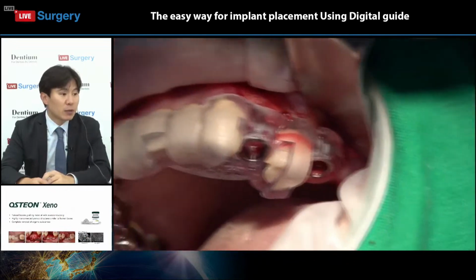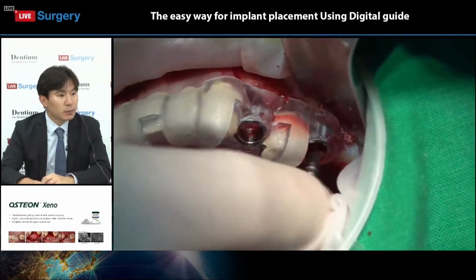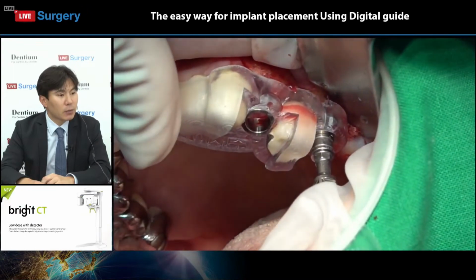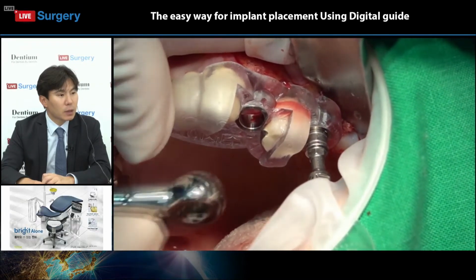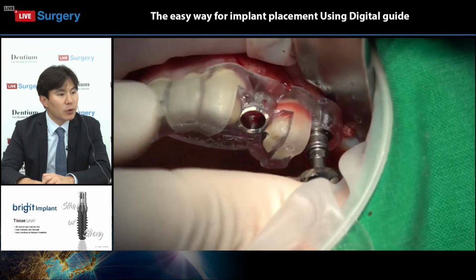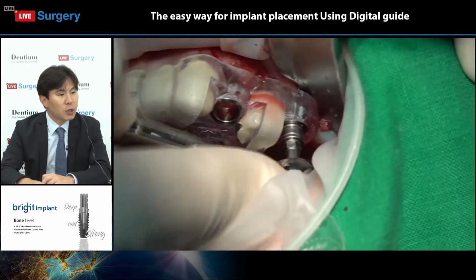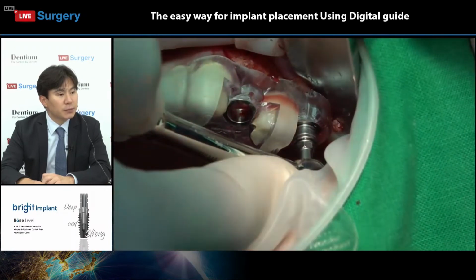The bone quality seems to be very soft. He connected the instrument for the ratchet, and he is further inserting the implant.